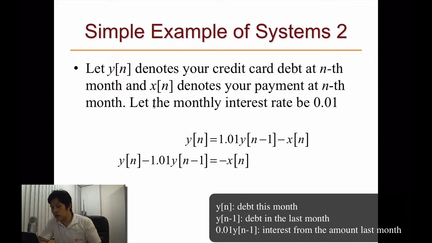And so this equation represents this debt situation, the finance system. So you can see that there are two signals involved here: y, the debts, and x, the payments.